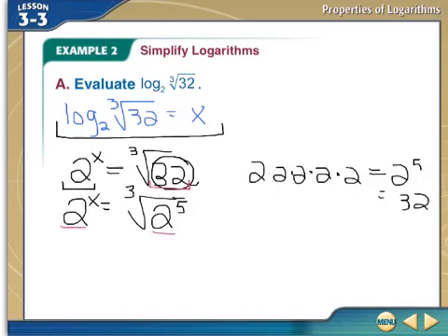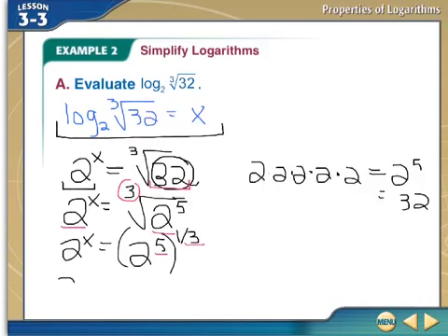So rewriting 32 as base 2 allows me to have both sides of my equation in the same base. Now, the third root is the same as the 1/3 power. So really I have 2 to the 5th raised to the 1/3 power. In applying properties of powers, if I have a power raised to another power, then I multiply those exponents. So I have 2 to the x is equal to 2 to the 5 times 1/3, which is 5/3.